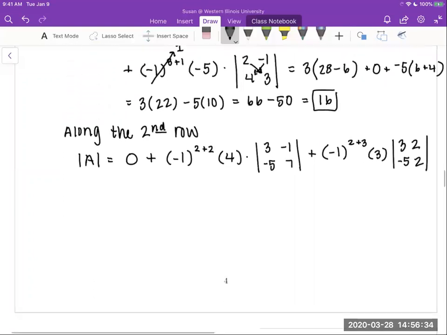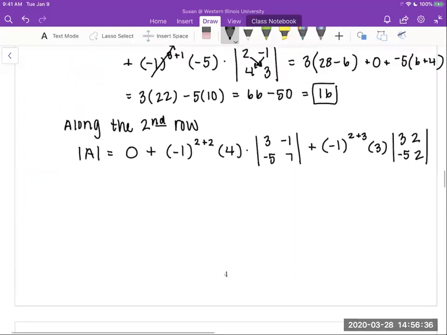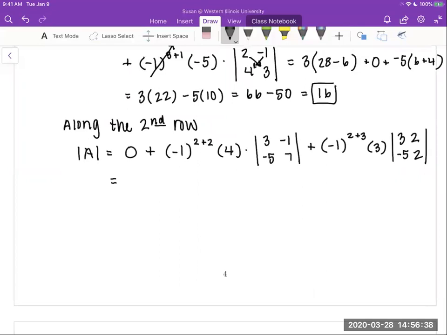All right. So now we can carry out the arithmetic. We have a -1 to the 4th power, which is just a +1. We have 4. And then the determinant of this 2 by 2 is going to be 21 minus 5. In this next term, we have -1 to the 5th power, which gives us a -1 times 3.